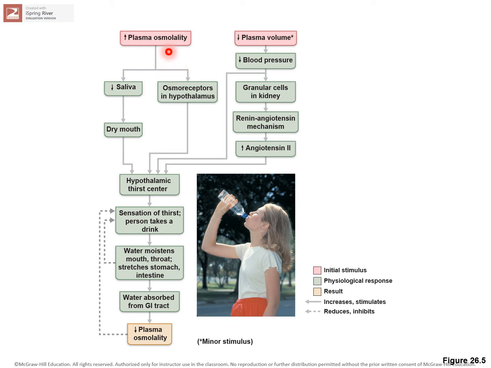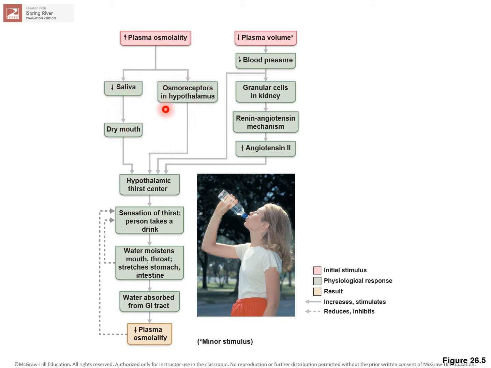So really, increased plasma osmolarity means there's too much solute. In simple terms, there's too much salt dissolved in the blood plasma, and we need to activate mechanisms that retain water and dilute the blood. Okay, so drying mouth is one mechanism.